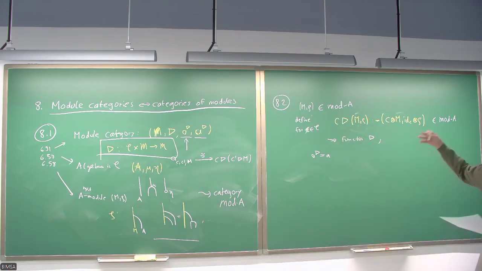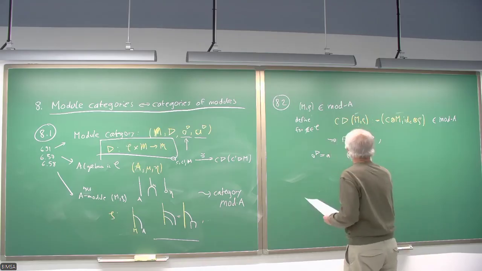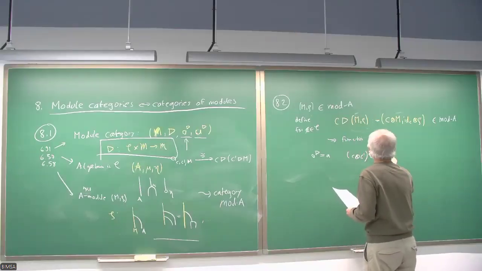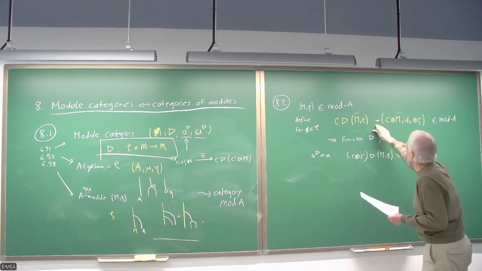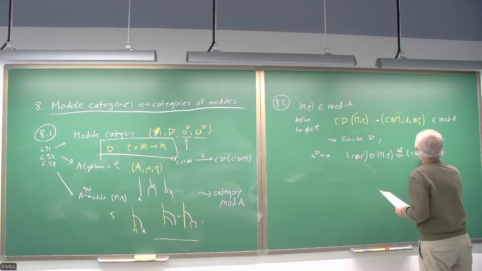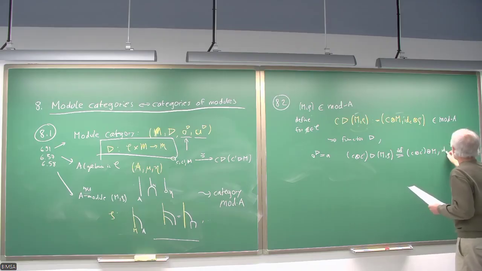The mixed associator is just the associator of C, namely, assume we have C tensor C prime, then acting on M rho. By definition, this is C tensor C prime tensor M, and then the identity on C tensor C prime rho.